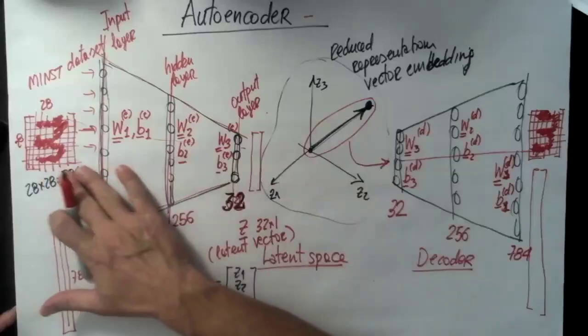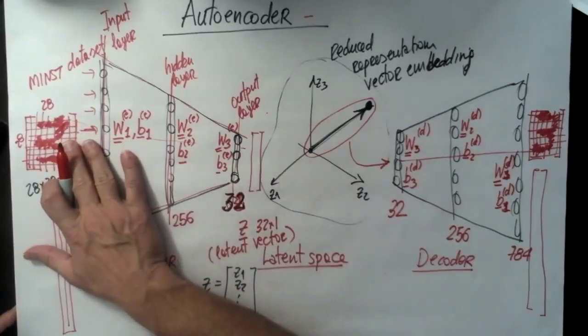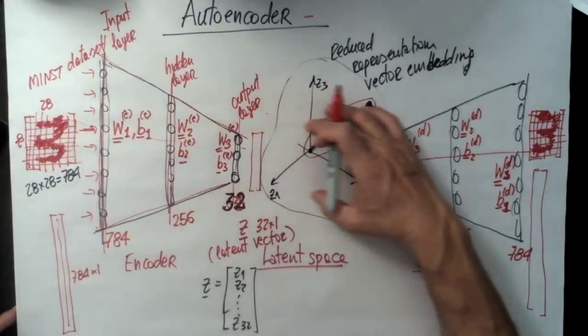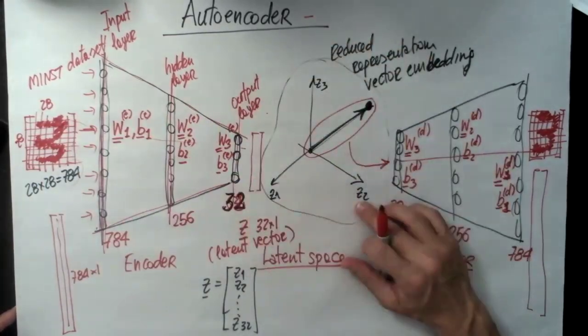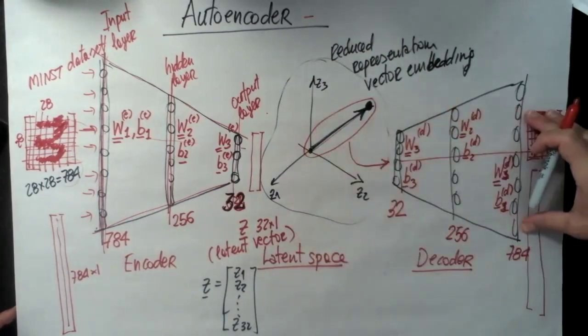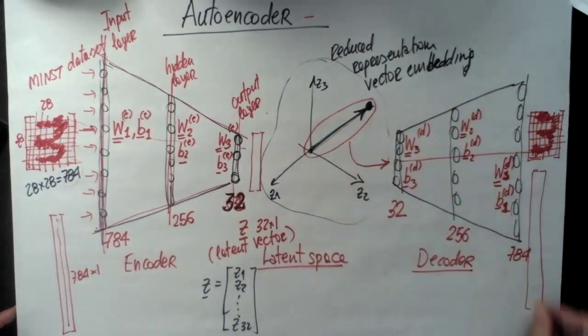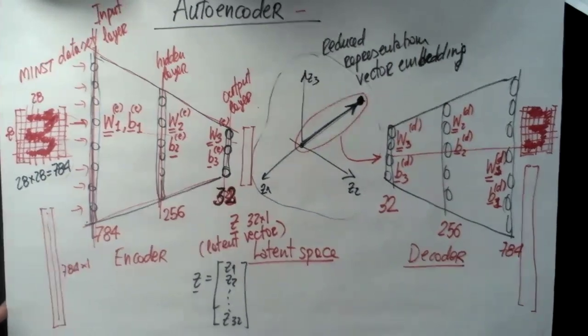And so altogether, this is called an autoencoder. Why? Because we start with an image, and then we do this vector embedding into a smaller latent space representation, and then we decode it back to the original size.